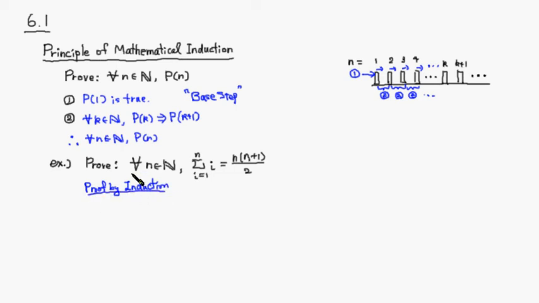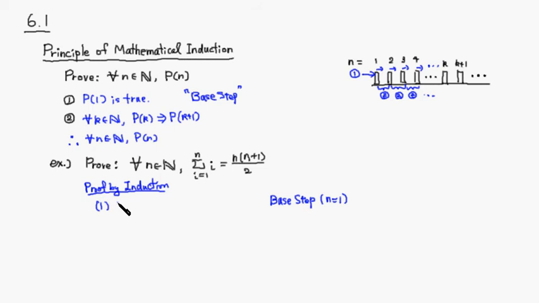First step, we're going to do a base case when n equals 1. This is called the base case or base step. We have to make sure that this formula is valid when n equals 1.